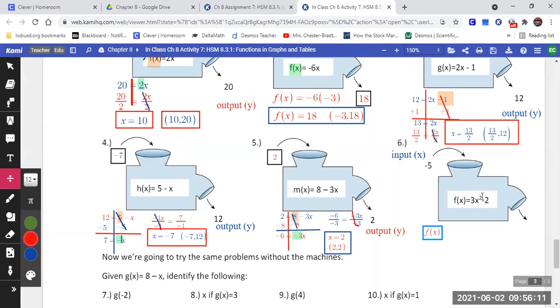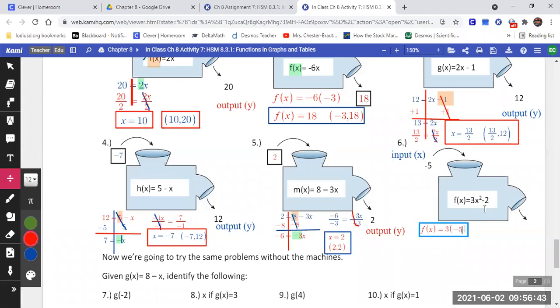Look at the structure. Compare the one above it to this one. What does this one have that the other one didn't? An exponent. So be careful. We learned our exponent rules for a reason.